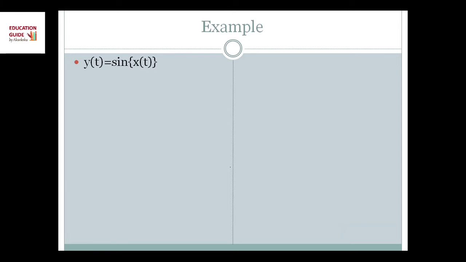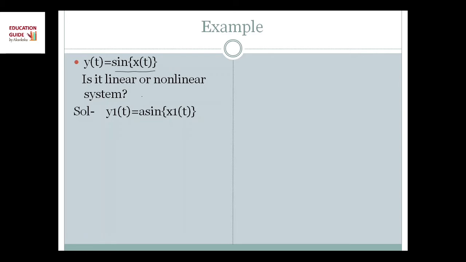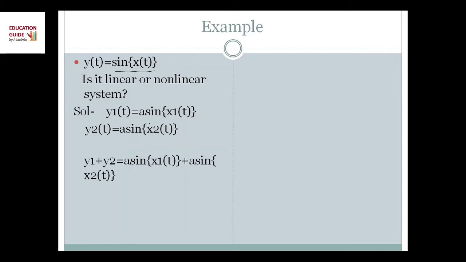Next example is y(t) = sine of x(t). Is it linear or non-linear system? y1(t) = a sine x1(t). Similarly, y2(t) = a sine x2(t). We add y1(t) + y2(t) = a sine x1(t) + a sine x2(t).